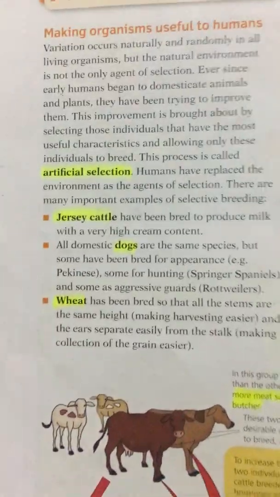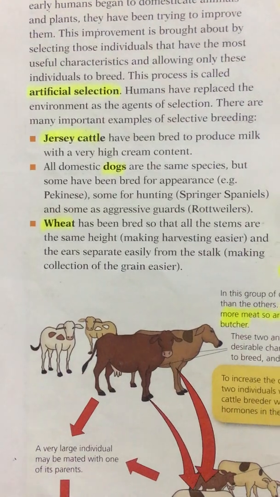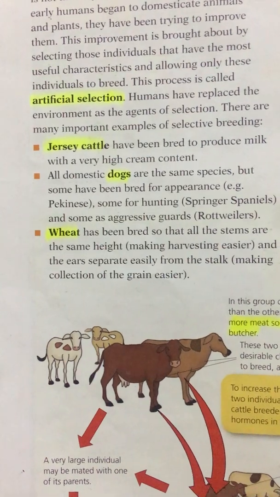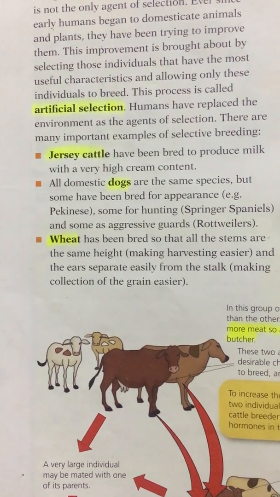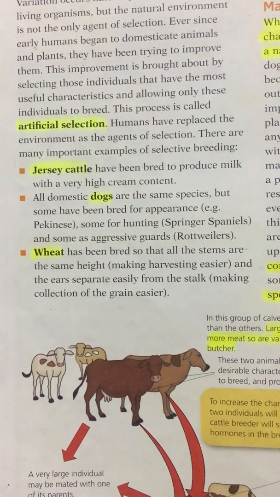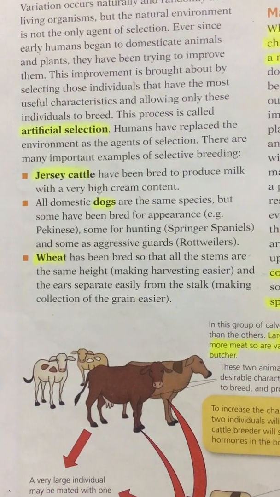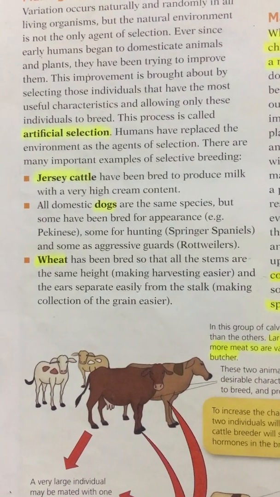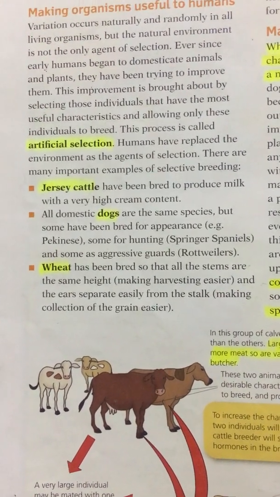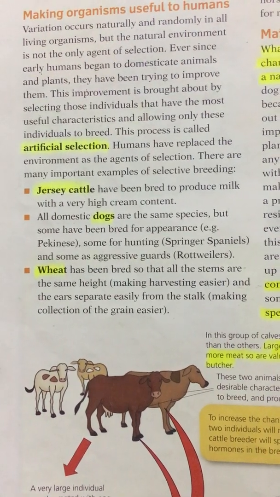Now here they give us many examples of artificial selection. Let's start with the first example, which is Jersey cattle. Jersey cattle have been bred to produce milk with a very high cream content. We have normal Jersey cattle that have not been bred for this, so we use some of them to produce milk with a very high cream content.